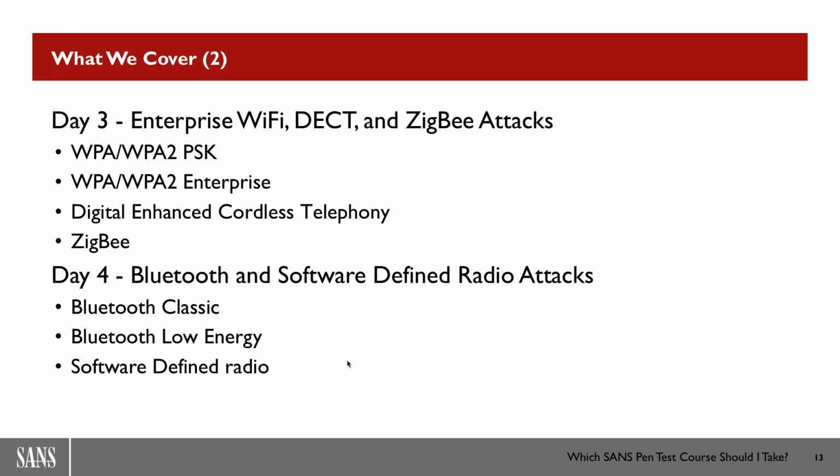On day 4, we spend half a day looking at Bluetooth in its entirety. We spend some time looking at Bluetooth Classic, and then we do a lot of fun Bluetooth low energy stuff. And it's one of those things now that just about everything you're finding has something that's Bluetooth low energy, and Bluetooth low energy is showing up in everything.